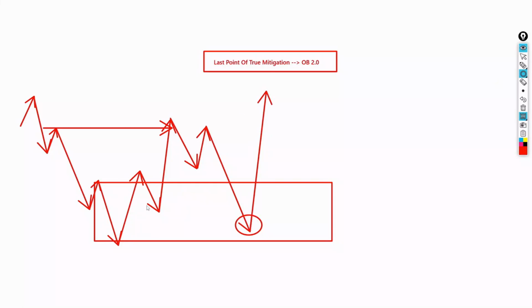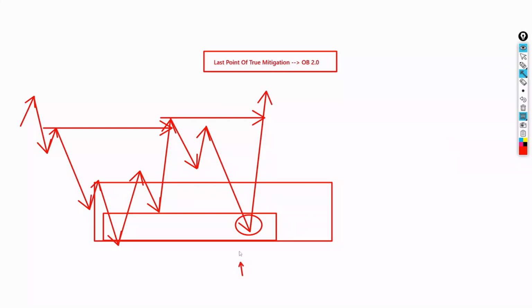You could also have potentially refined this order block to a section over here as you zoom into lower time frames. And as you can see, price trades into that and moves higher and breaks structure again. Great, guys. This is what we now call a last point of true mitigation.